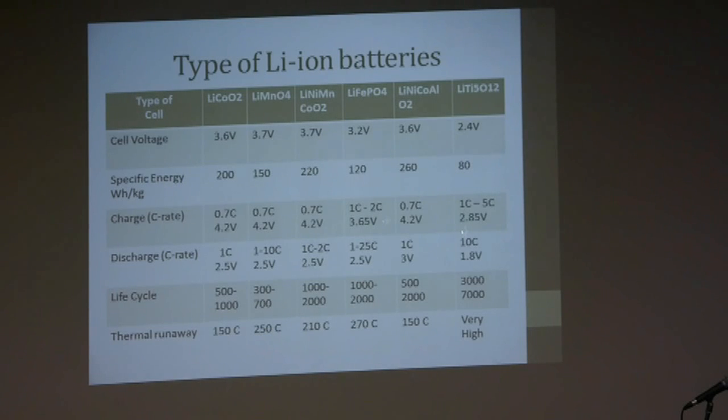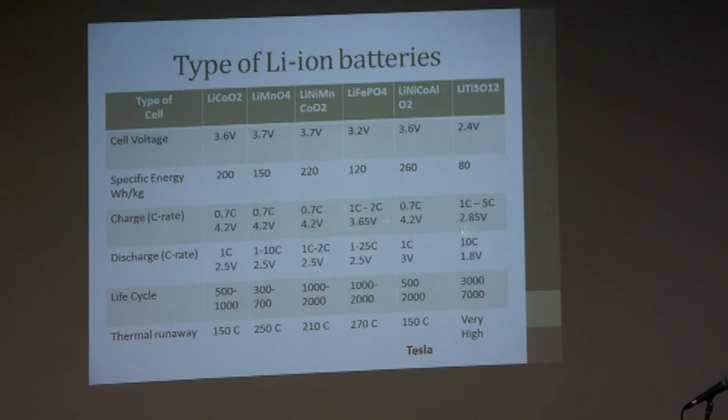Now, I was interested in which car company actually uses what. What's in the Tesla? Now Tesla uses this one. And look at the difference in specific energy compared to the lithium iron phosphate. And now you also understand how they can get 85 kilowatt hours in a car, and 400 miles, right? 400 kilometers.